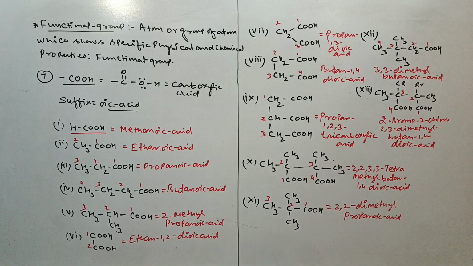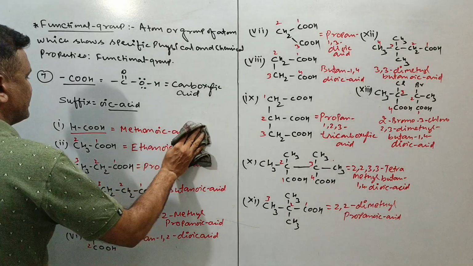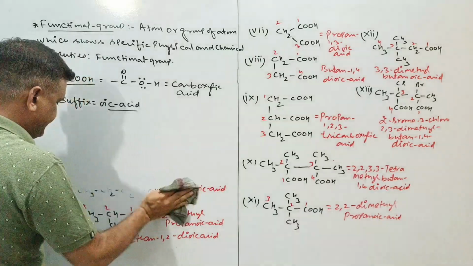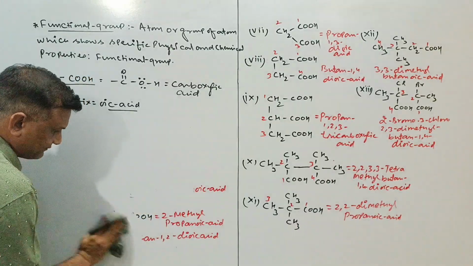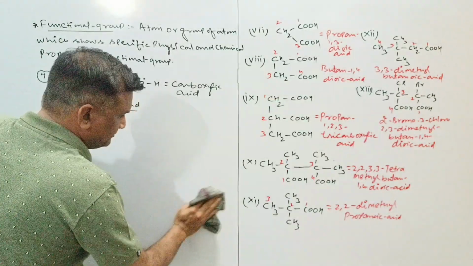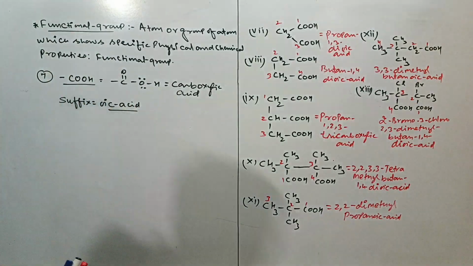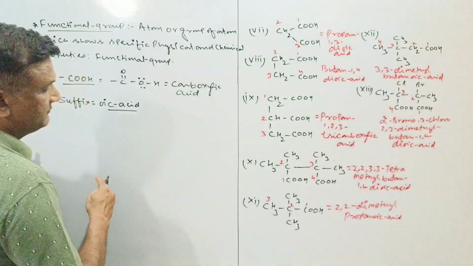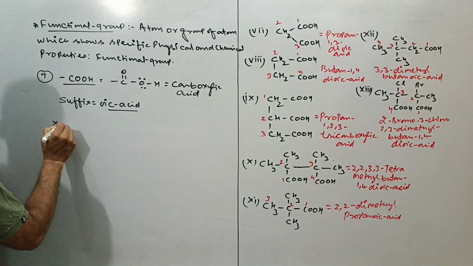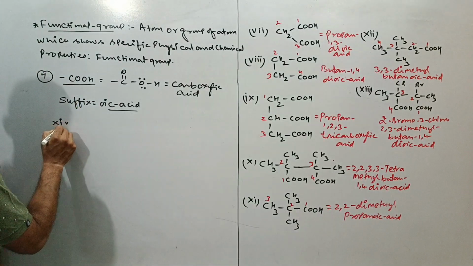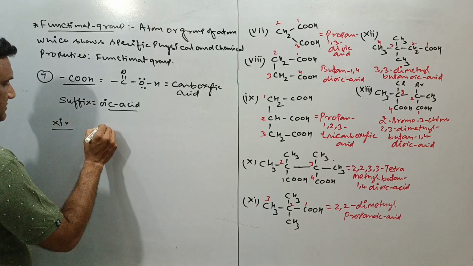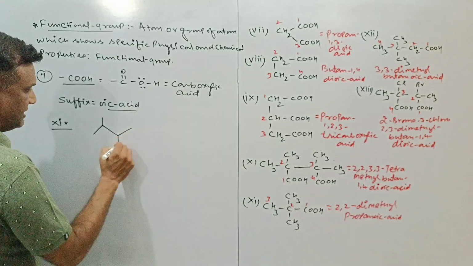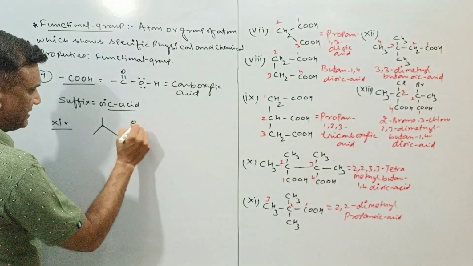In the same sequence, we'll go with some of the bond line structures also. How they may be as follows. Suppose this is compound 14, you can take it like this.